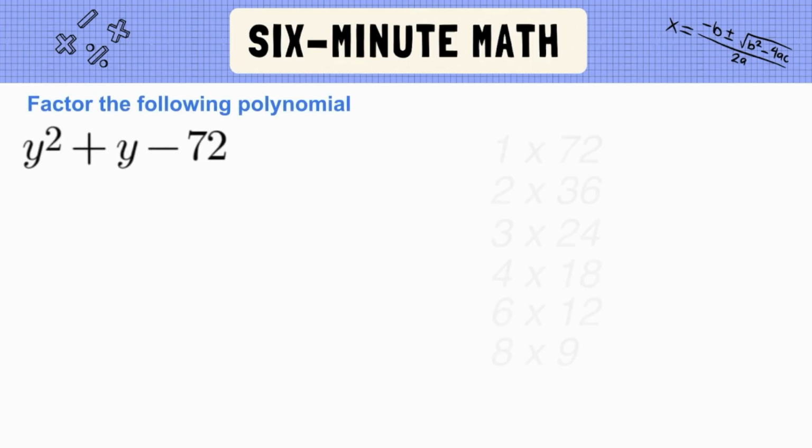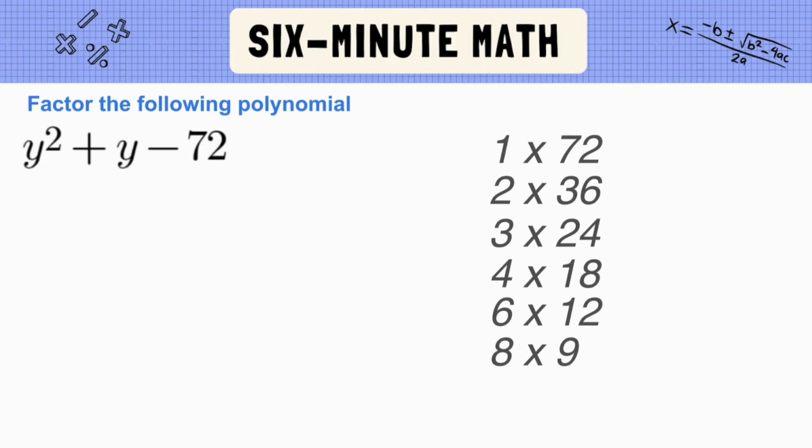Let's factor y squared plus y minus 72. I have my factors, and I'm looking for two numbers that subtract to this middle b value. Now, I don't have a middle b value there explicitly, but I know that this is a coefficient of 1, so I'm looking for two numbers that subtract to 1. So we have 71, 34, 21, 14, 6, and 1.